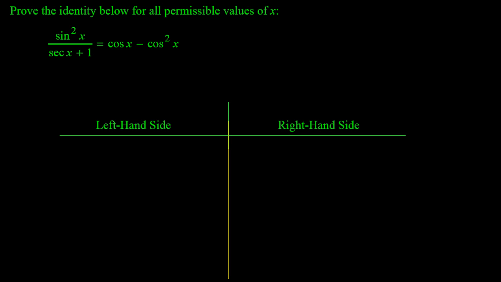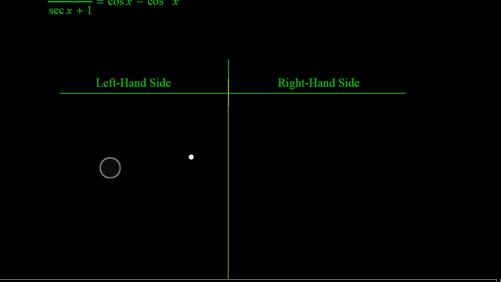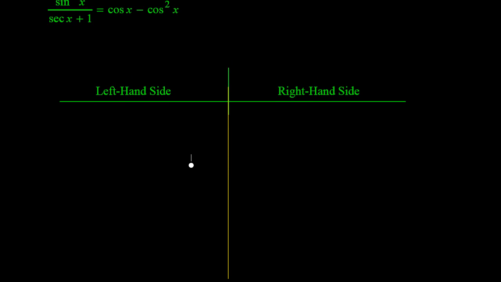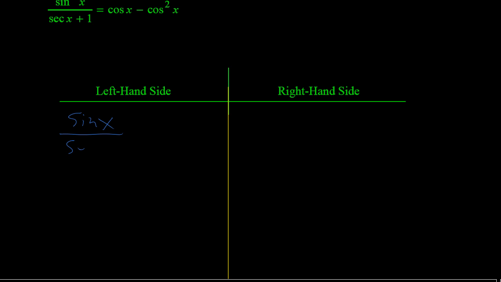So usually division with a binomial is more complicated than the subtraction. So I'm going to start with the left-hand side. So my left-hand side, I better write it out here before I forget, is sine of x over secant x plus 1.